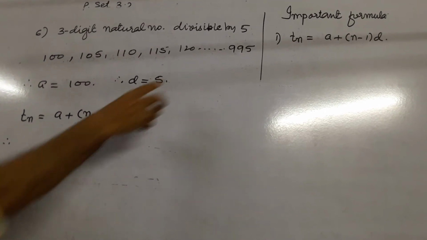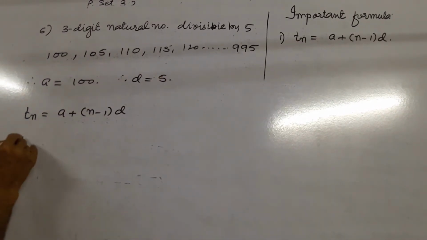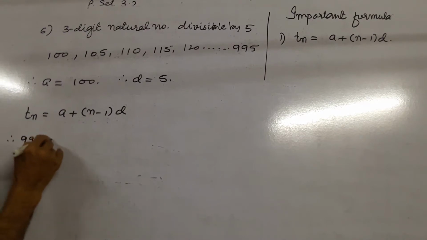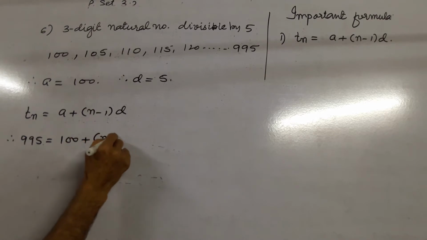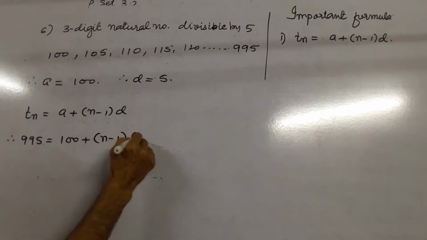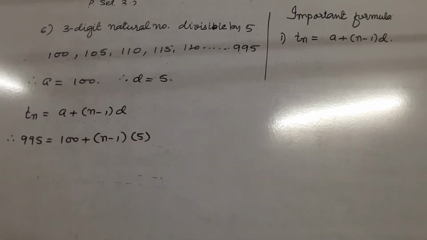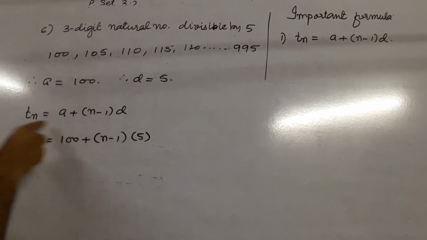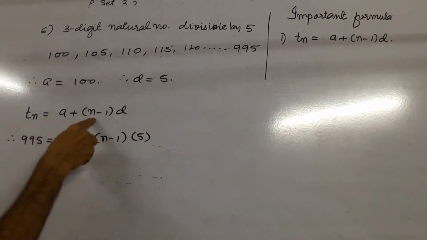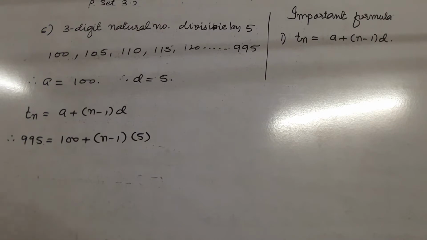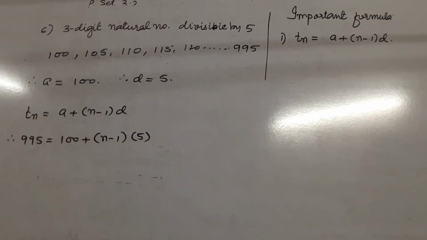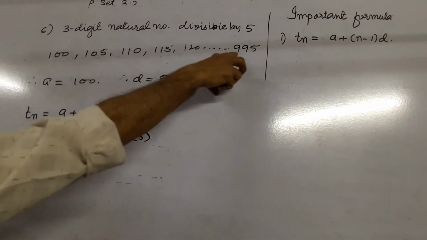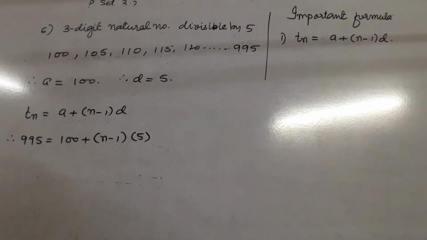So here tn is 995. So the last number 995 is equal to, write 100, the first number is 100, plus (n minus 1), n we do not know, into d is 5. Take note that in the formula there are 4 variables, unknown terms, and of these 4 we know 3, because the last term tn is also given, 995.